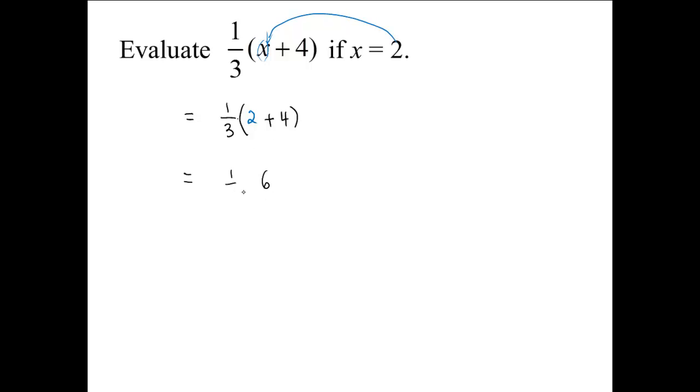So we have 1/3 times 6. That's equivalent to writing 1/3 times 6 divided by 1. Multiplying through the numerators, we get 6. Multiplying through the denominators, we get 3. We have 6 divided by 3, and the answer is 2.